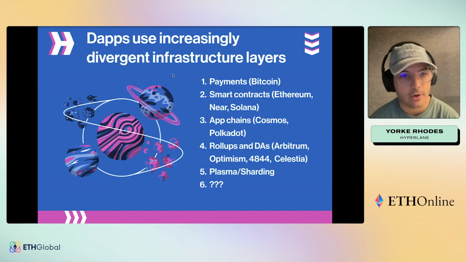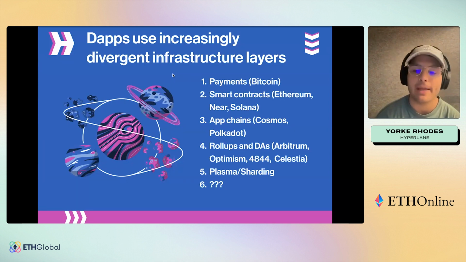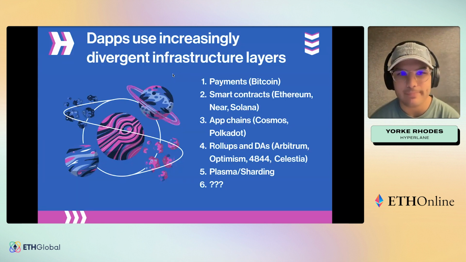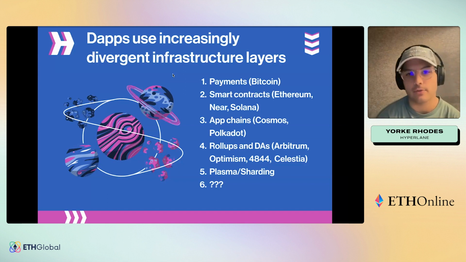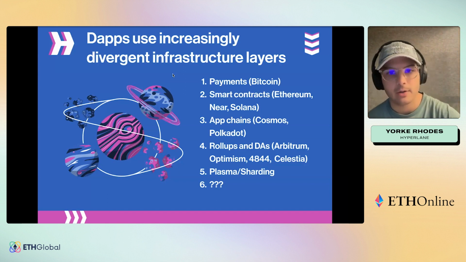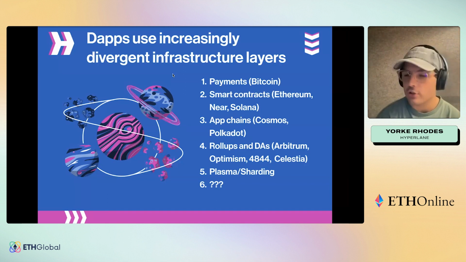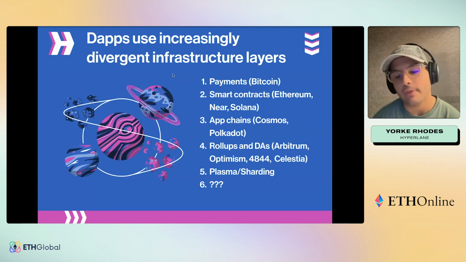So we started with Bitcoin, which was a quite simple and elegant payments protocol that allows users to send each other Bitcoin in a way that's permissionless and trustless, at least up to some hash power guarantees.